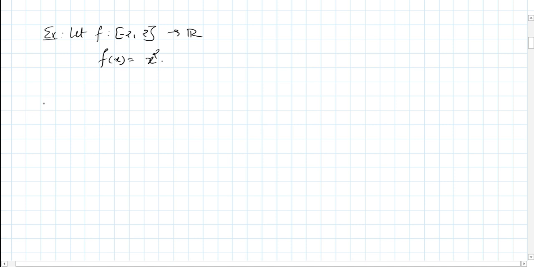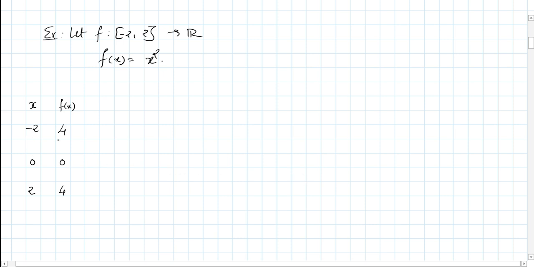So I am making a table: x, and here I am writing f(x). The first point I am taking is -2, second point 0, and third point 2. The corresponding function values are 4 for -2, 0 for 0, that is x squared, and 2 squared, that is 4.